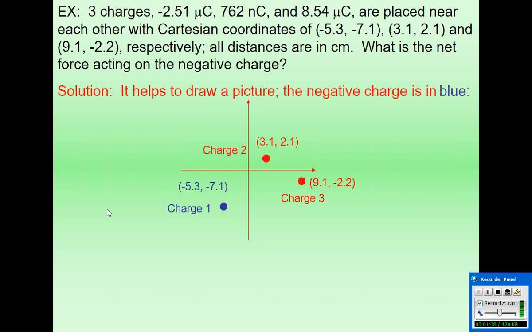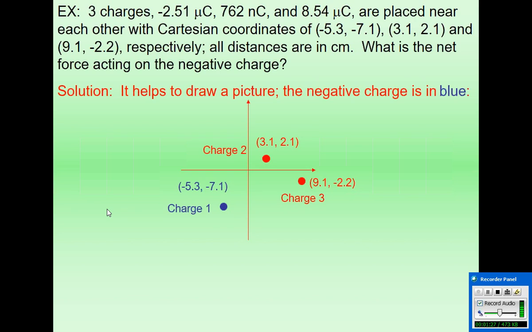One of them is negative 2.51 microcoulombs, another is 762 nanocoulombs, and the third is 8.54 microcoulombs. And the Cartesian coordinates of each are given. And you can see in the picture where they've been drawn, with the negative charge being drawn in blue.